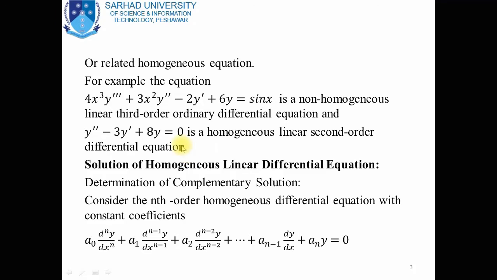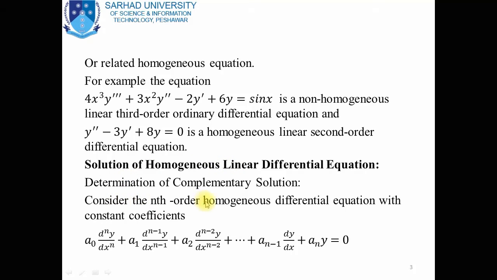Now, how to find the solution of a linear higher order differential equation with constant coefficients? So now we are going to discuss the procedure for the solution of a homogeneous linear differential equation with constant coefficients.